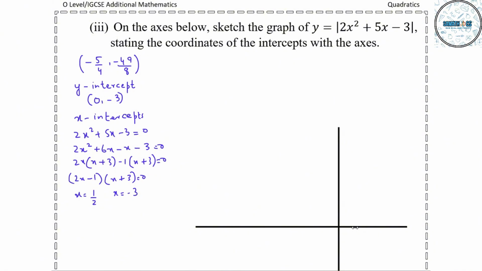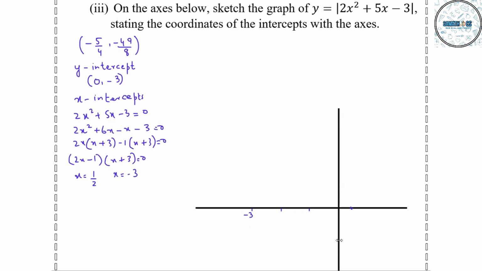We can consider 1 upon 2 over here, and we can consider 1, 2, and minus 3 over here. Minus 1, minus 2, minus 3. Then we have 0, comma, minus 3. We can mark minus 2, minus 4, and minus 6 here.